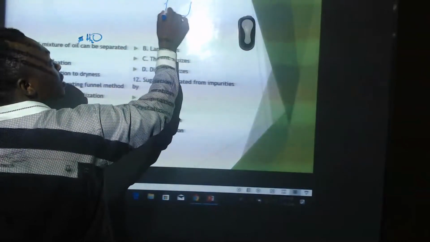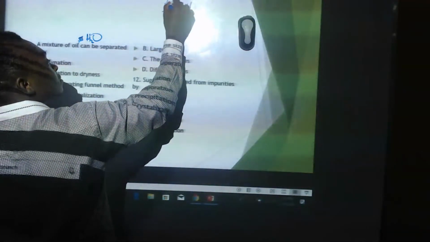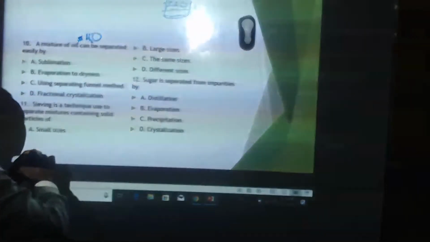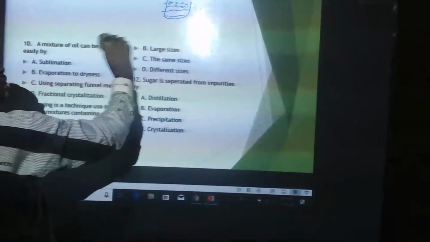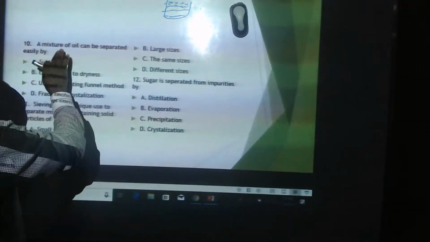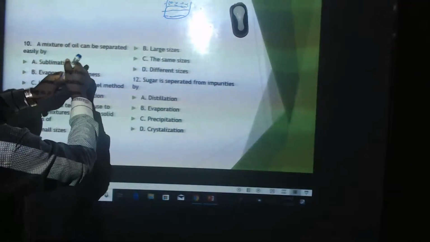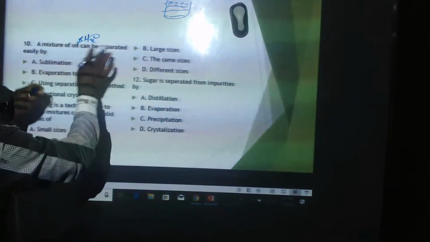So this is your water, and then your oil is just on top. Now this is more like saying separating an insoluble substance from a solvent, because water is a solvent. So a mixture of oil and water can be separated easily by what?